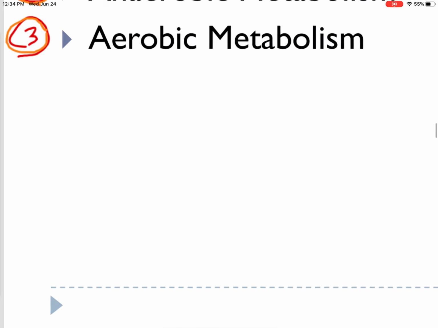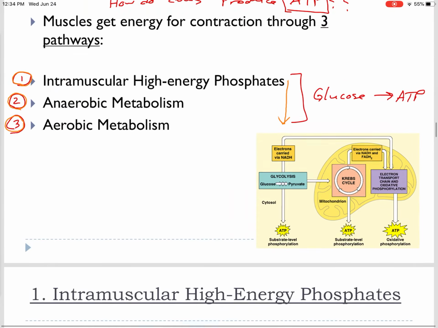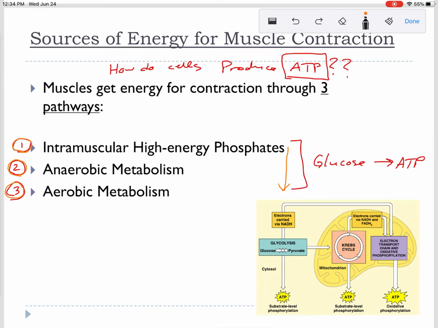The first 2 are considered to be anaerobic. So this one and this one are anaerobic.